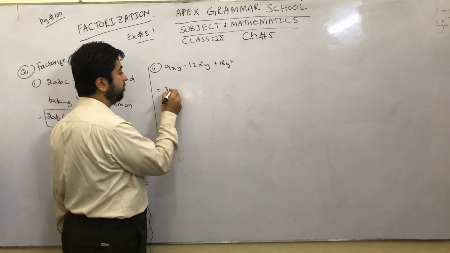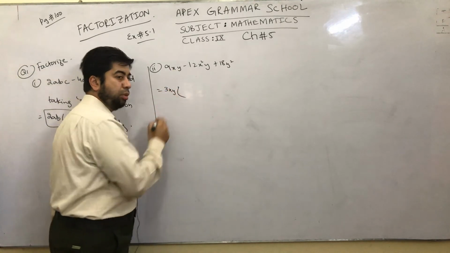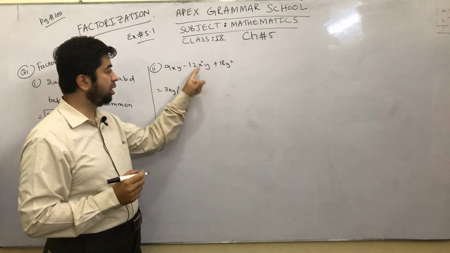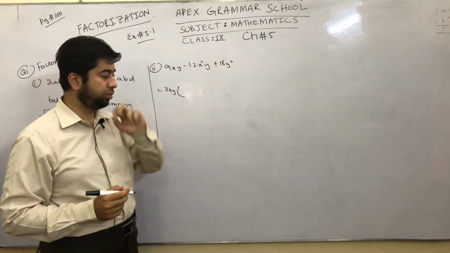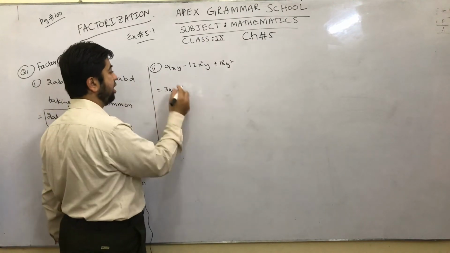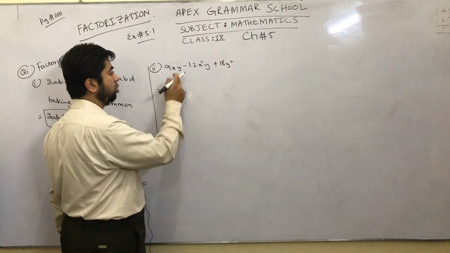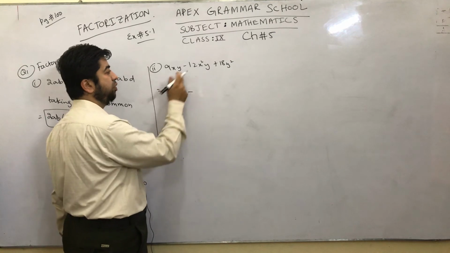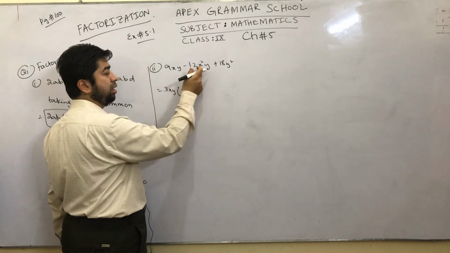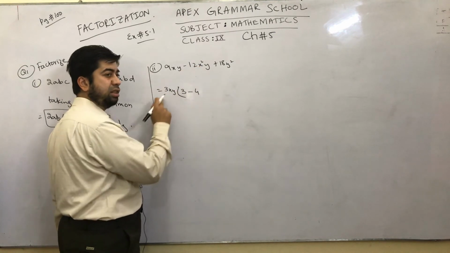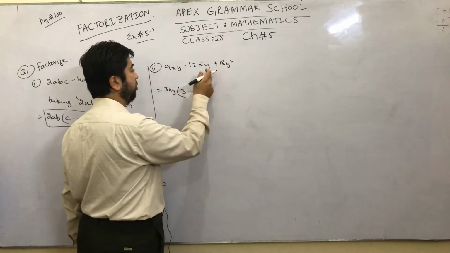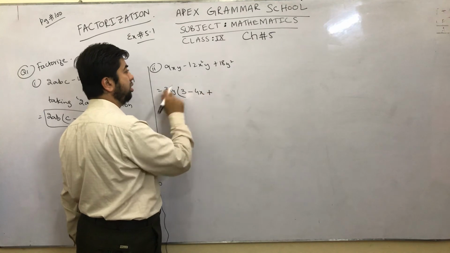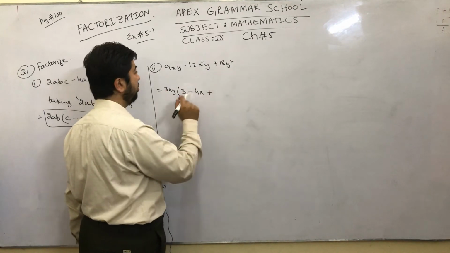So 3xy is common here. So 3 3s are 9, and x is outside here, y is outside here, minus 3 4s are 12, x square, within x square, 1x is outside here, and y is outside there, plus 3 6s are 18.